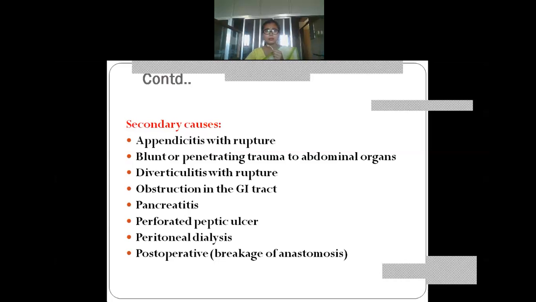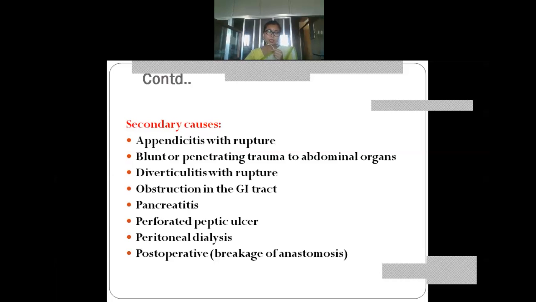Whereas in penetrating trauma, mostly by sharp objects, it will pierce through the skin of the abdomen and cause injury to the abdominal organs, okay?